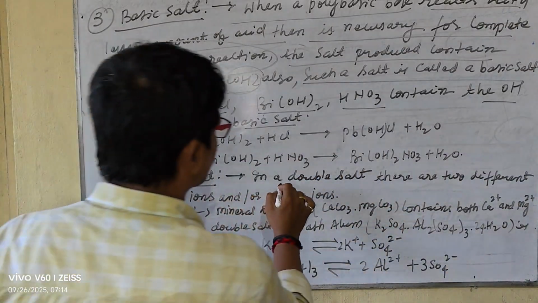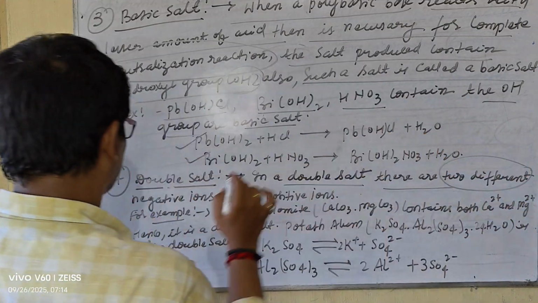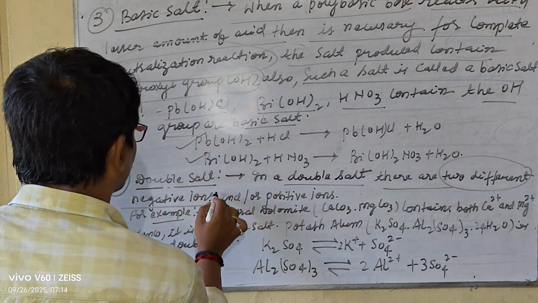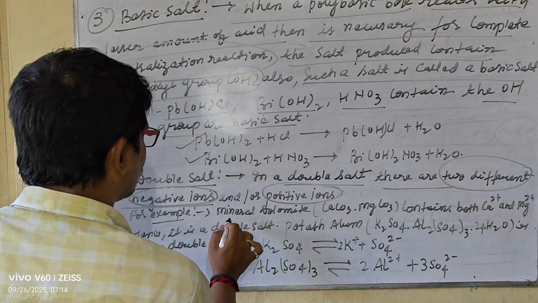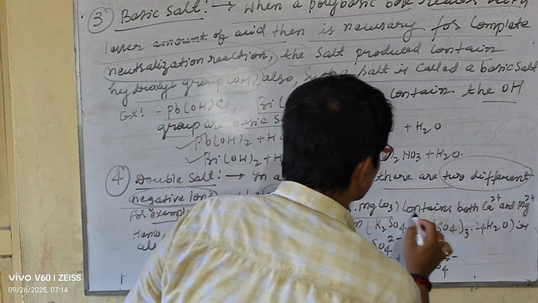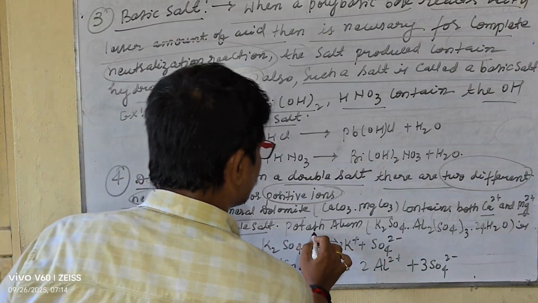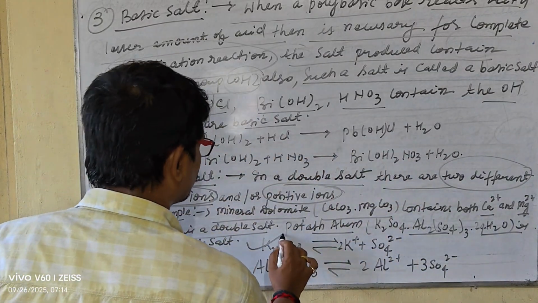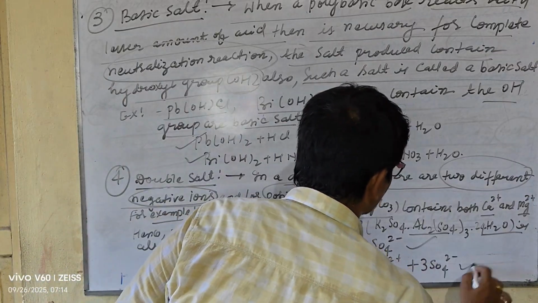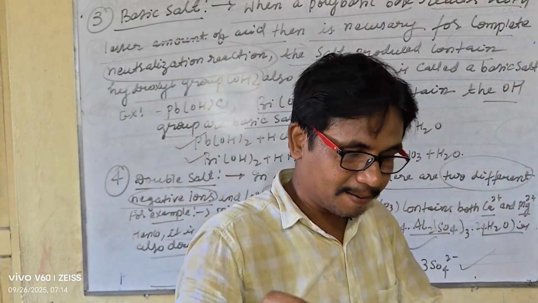So in a double salt there are two different negative ions and or positive ions. Mineral dolomite, CaCO3·MgCO3, is a double salt. Potash alum, K2SO4·Al2(SO4)3·24H2O, is a double salt. So my dear students, it is quite clear.